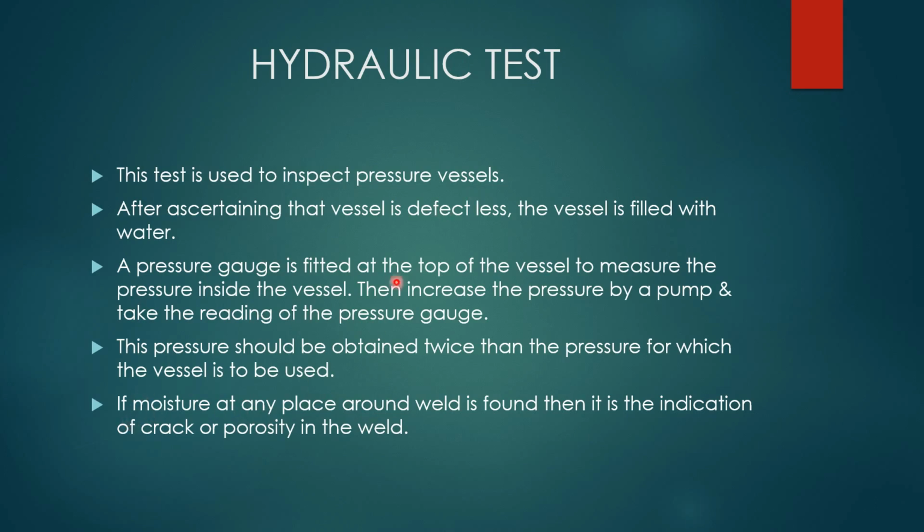So if any defect, any crack, any void is present at the welded area, what will happen due to the pressure of this water, which is maintained at twice the pressure? If moisture comes out from that particular area, we will come to know that there is some crack or any kind of defect. So if moisture at any place around the weld is found, then it is the indication of a crack or porosity in the weld. This is what the hydraulic test is.